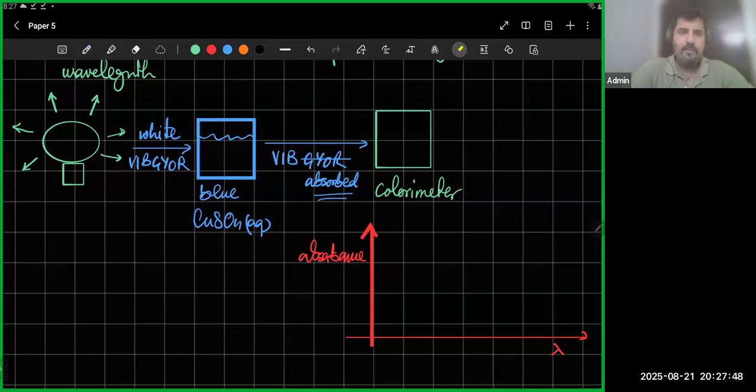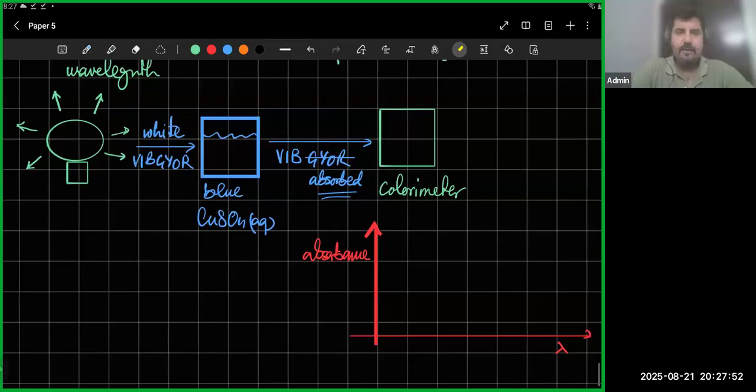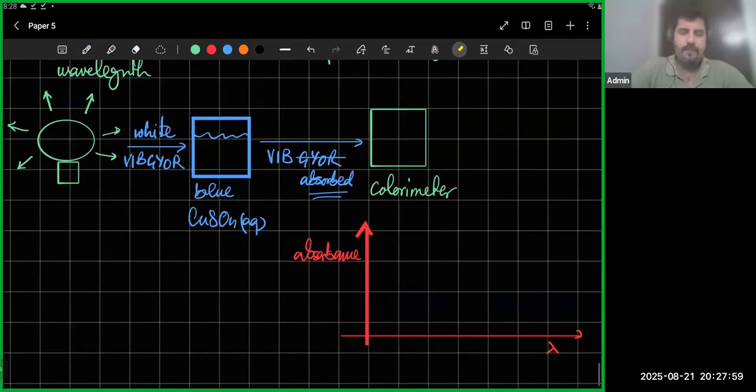The wavelength of violet is at 380 nanometers. So let's say this is the extreme end, and that's 380 nanometer wavelength.